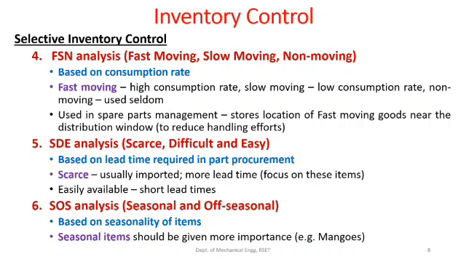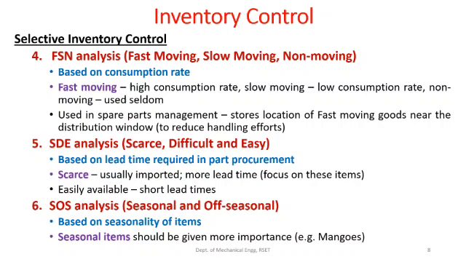The items which fall under the category difficult have comparatively lower lead times, but not very short lead times. When compared to the scarce category, the lead times are lower, but they are not as low as the easy category. The easy category of items are the ones which are easily available at very short lead times.